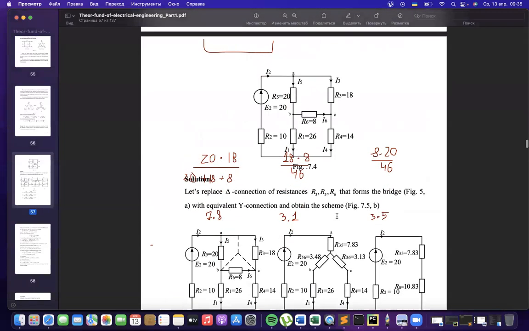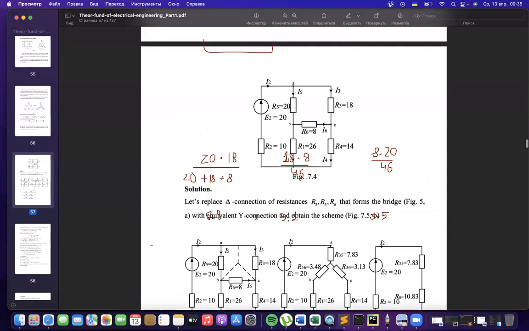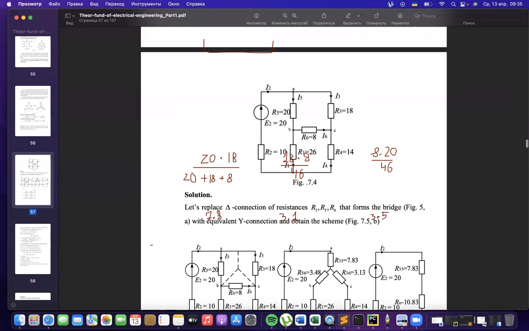Let's check it. One resistor will be 7.8, one resistor will be 3.1, and one resistor will be 3.5, the same numbers. That is how we get them: using the initial part and recalculating new numbers of resistivity to obtain the new circuit with a star. It is how it's made.